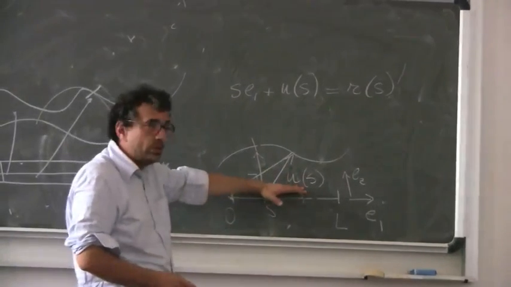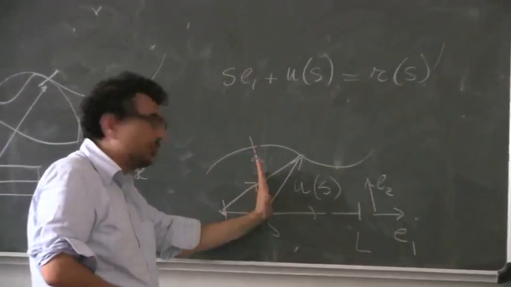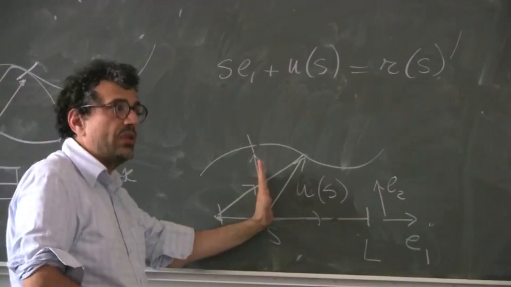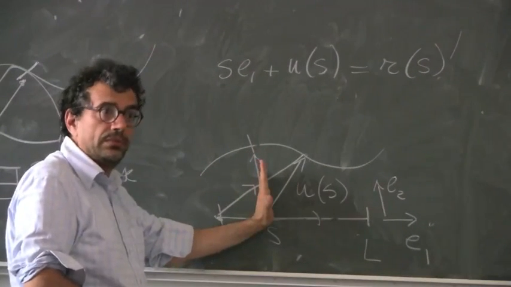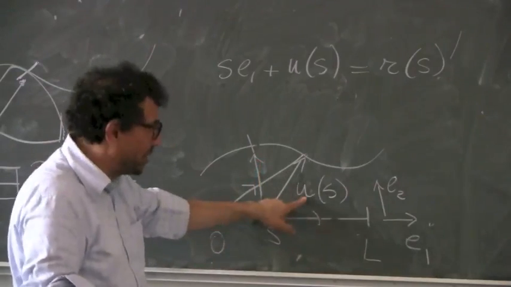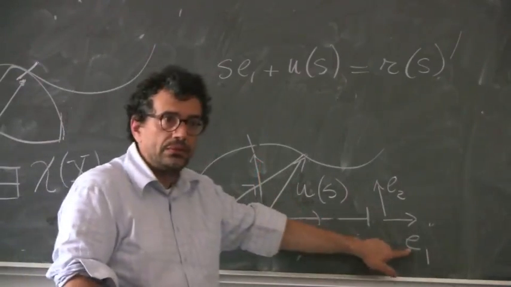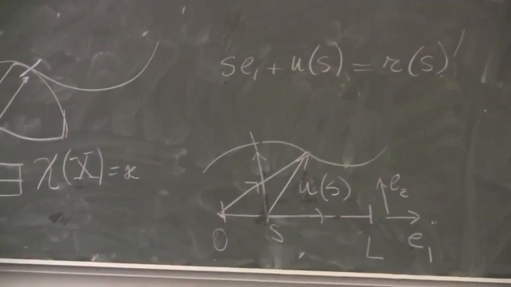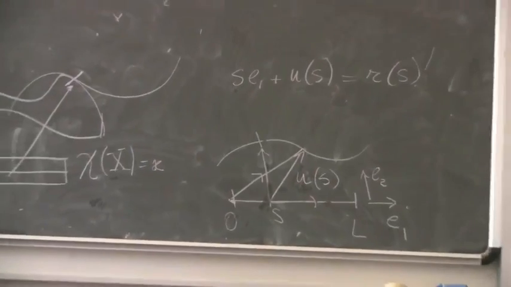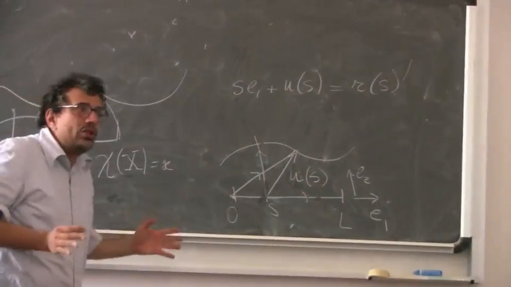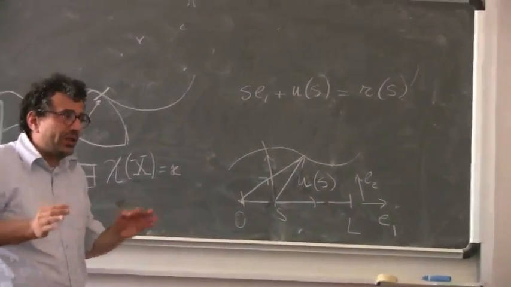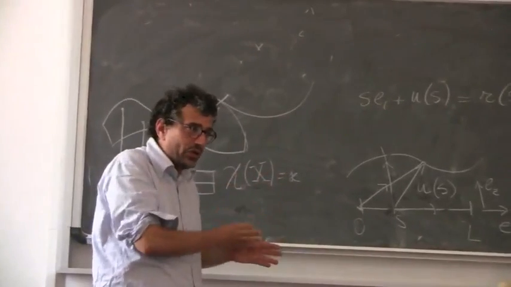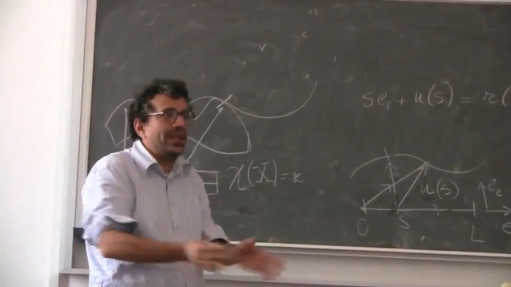Okay. This U, we assume it is only a transverse displacement. So we assume that this vector has no component along E1. Okay? So the standard theory of real functions of a real variable can be used.